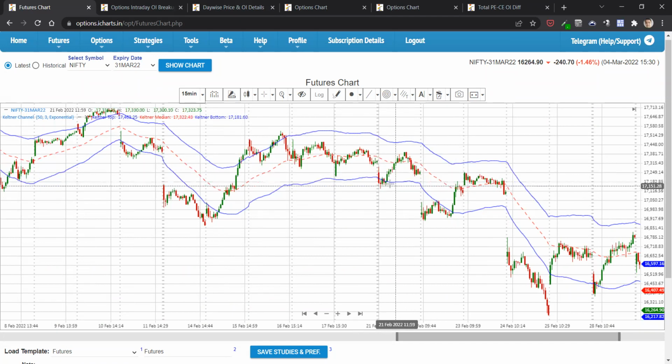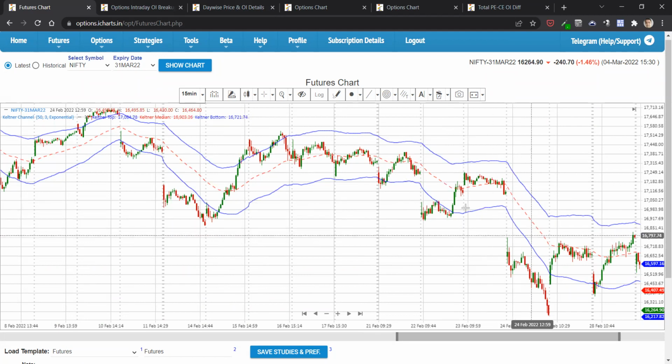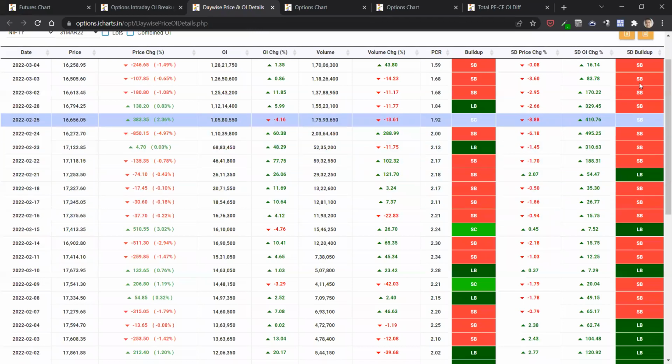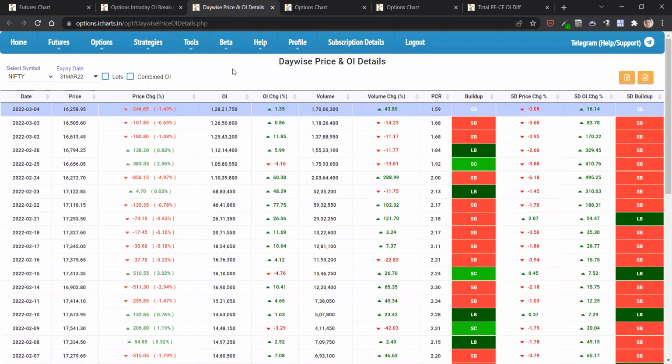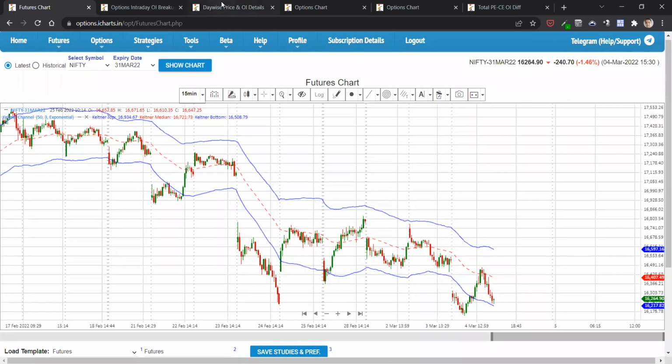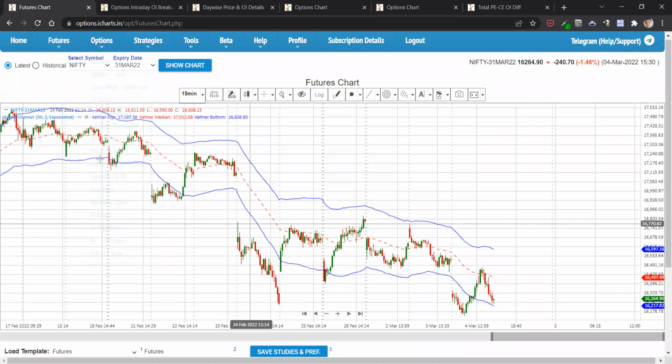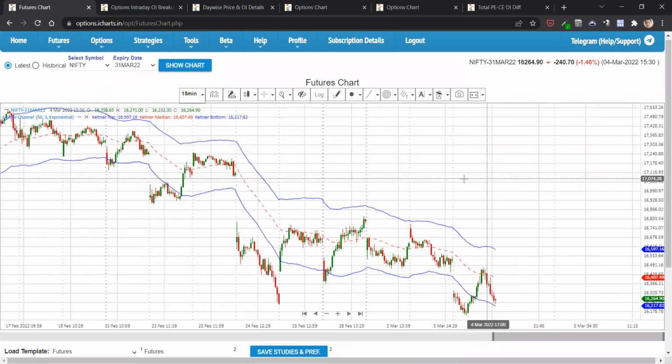Actually, I would have removed the hedge here and remained short, and from here it is all short until here. This again just confirms that it is still short. So positionally, this is good. Go with your buildup bias over here, cross-check with your price chart, and then you can remain in that direction.